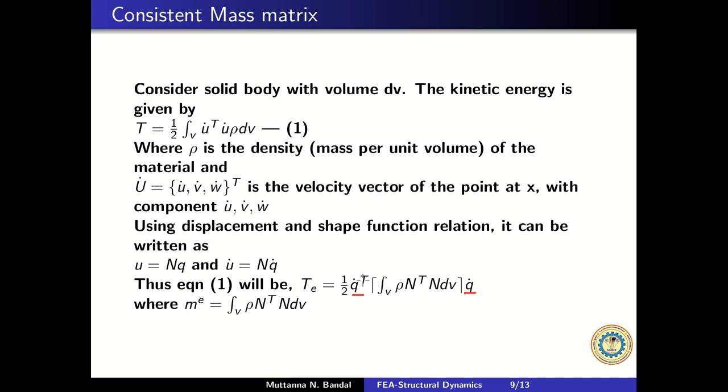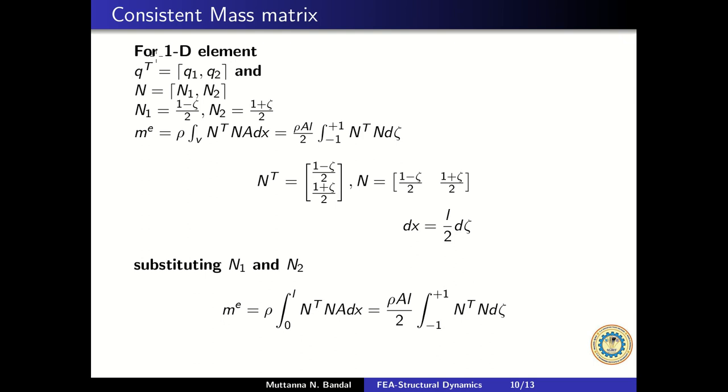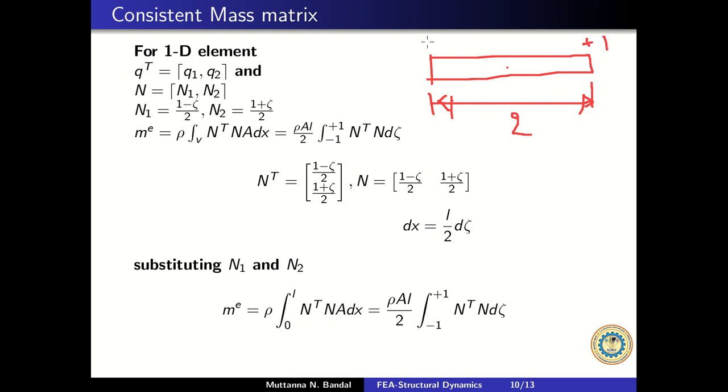So with this, we will derive what is a mass matrix. So let us consider a 1D element, wherein I'll take the length of the element as 2, because it is in a local coordinate system. Here it is positive 1 and here it is negative 1.